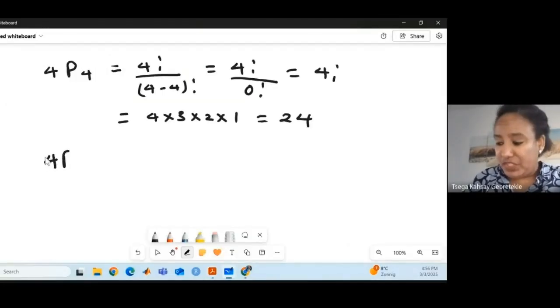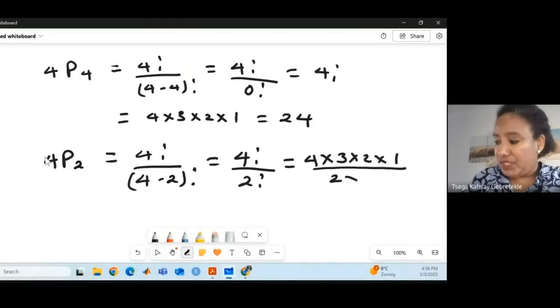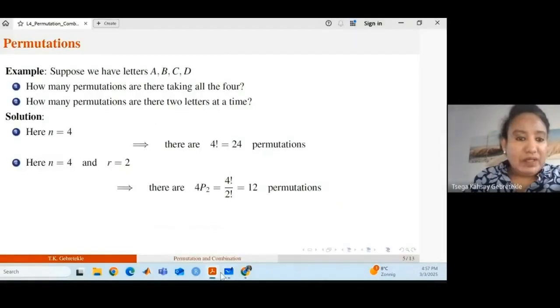For 4 permutation 2, this is 4 factorial divided by 4 minus 2 factorial, which is 4 factorial divided by 2 factorial. This is 4 times 3 times 2 times 1 divided by 2 times 1, the 2 cancels out, and it will be 12. This is the answer.